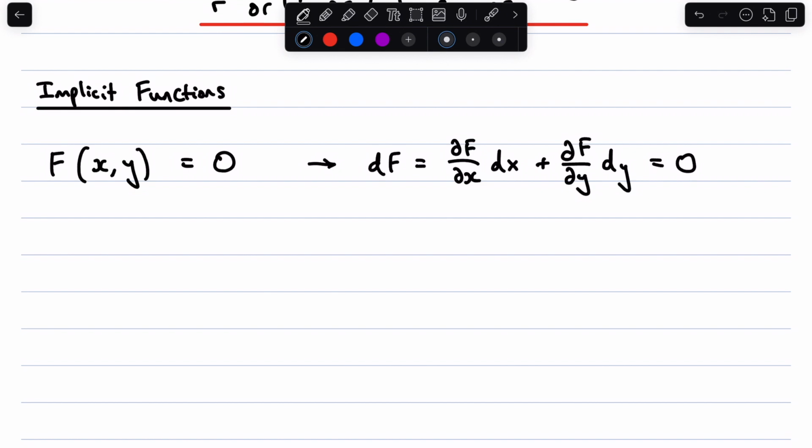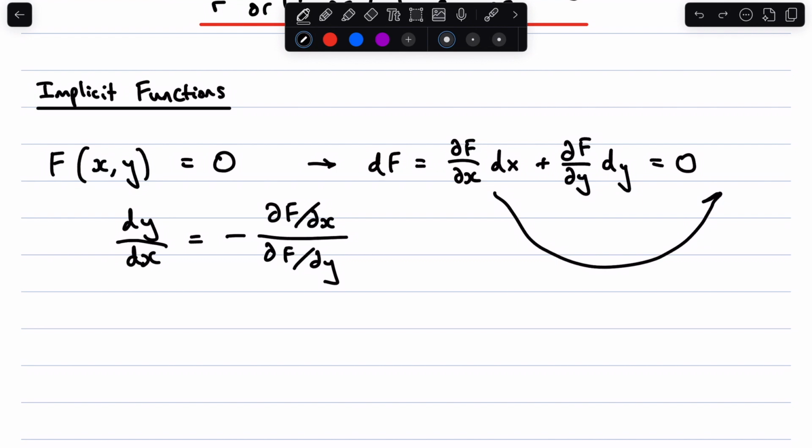So if we wanted to work out the gradient of our function, we'd use dy by dx. And by rearranging this equation up here, we can find that in terms of F. So that is just going to be minus partial dF by dx divided by partial dF by dy. We take this term across, so we have the minus sign.